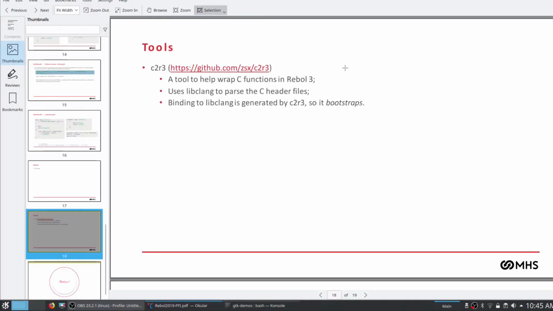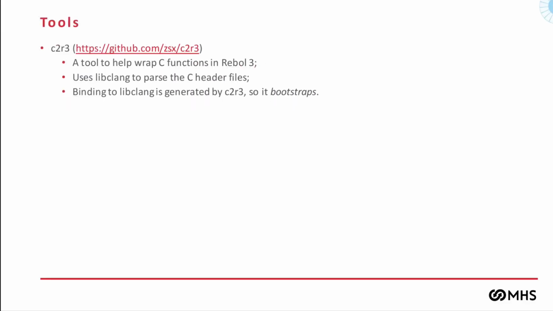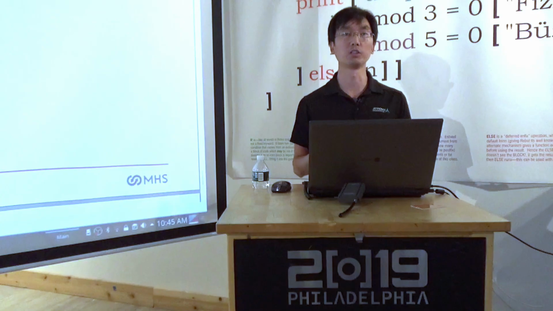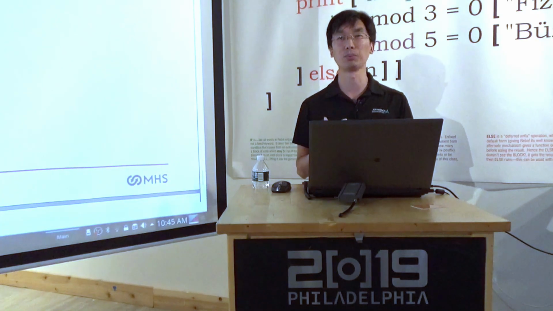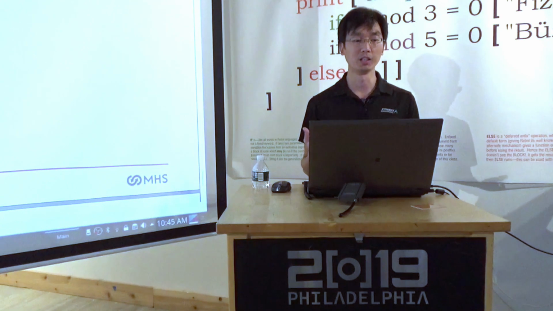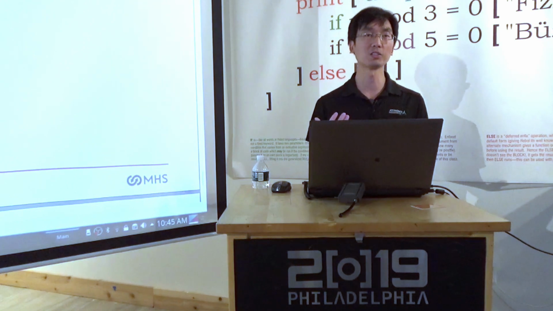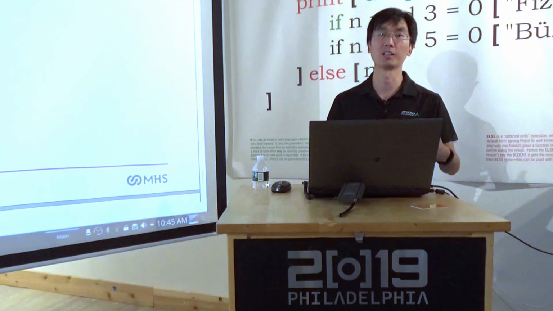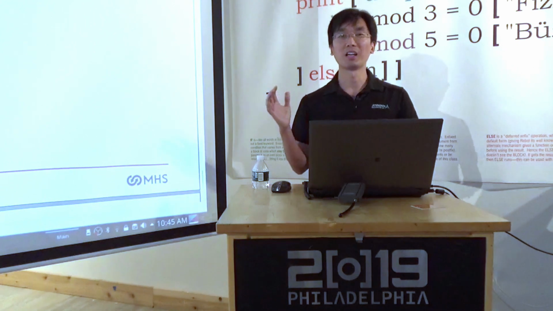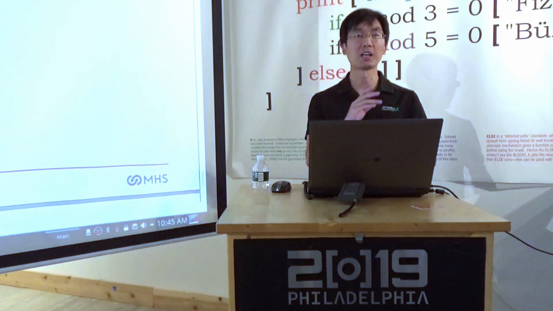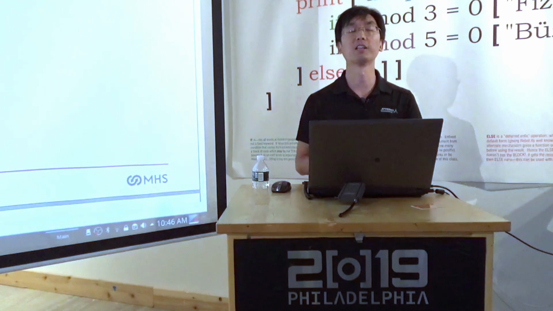To make that happen, I actually have a tool to generate the bindings to C libraries, because the GTK library is a pretty huge library. It has different components: it has glib, Pango, ATK, Cairo, and a lot of things.